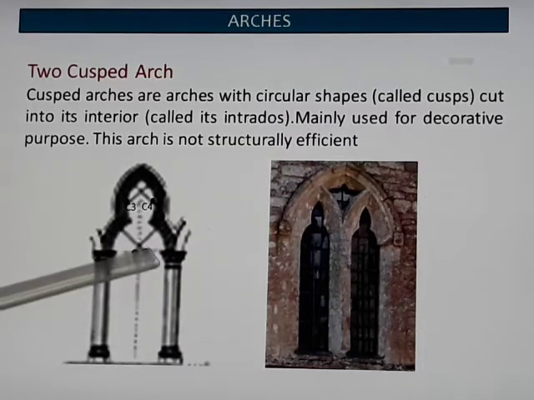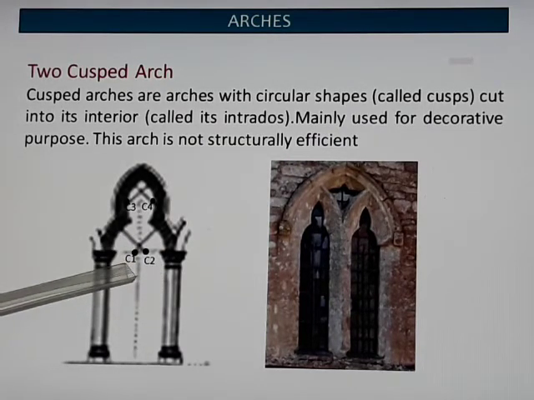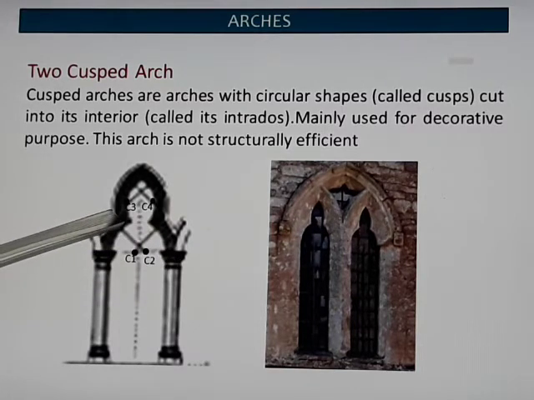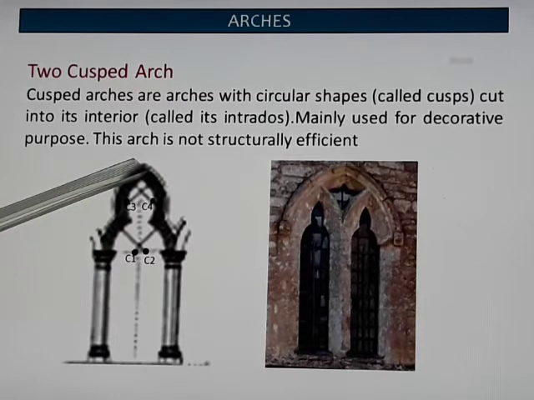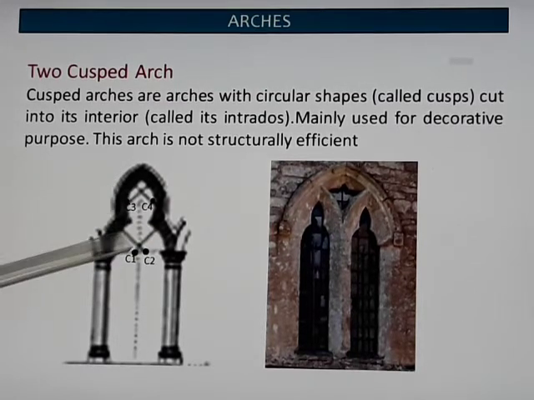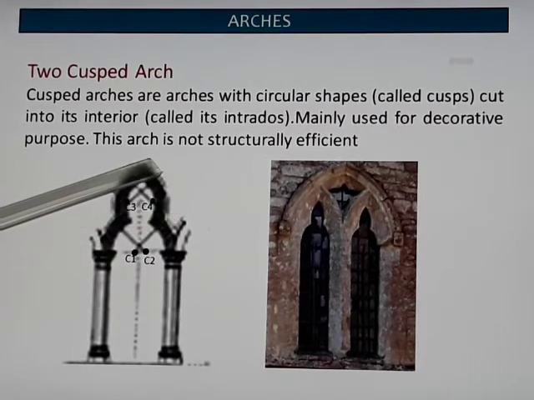C1 and C2, the first two centers, form the first two cusps of the arch, and C3 and C4 form the other two cusps of the arch. In all we have four segments, the first cusp and the second cusp.